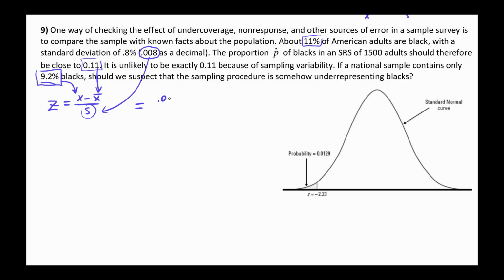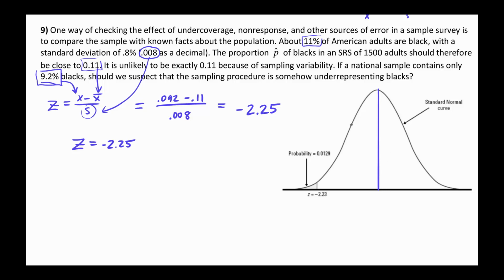So I'll put 0.092 minus 0.11 over 0.008. If you plug that into your calculator, you get negative 2.25. So what is that? That is a z-score. Negative 2.25 means that I am below the middle of this graph.